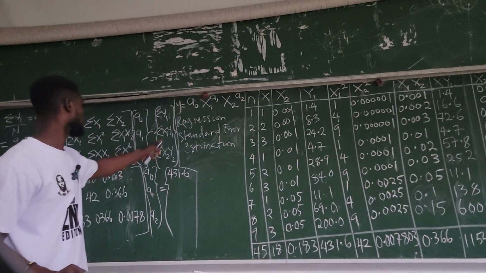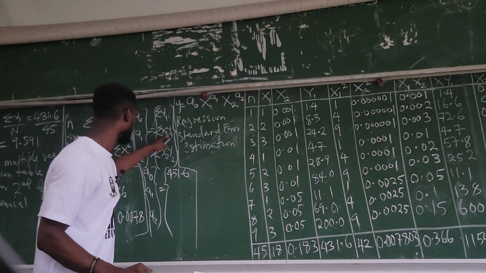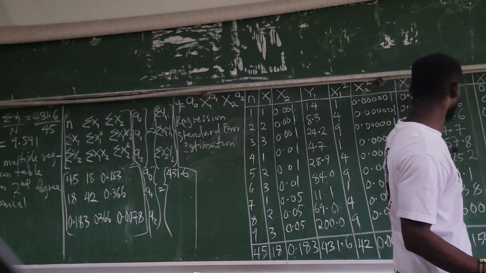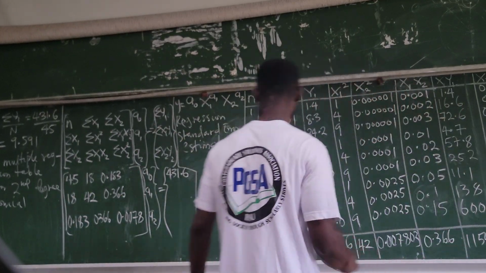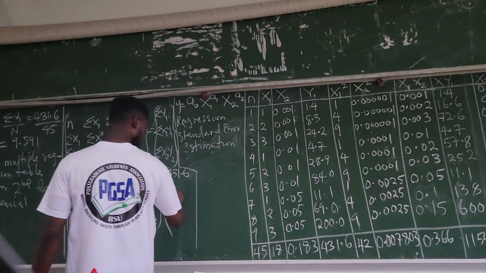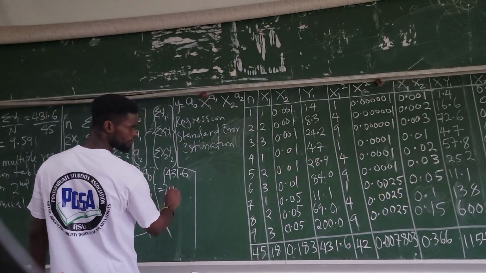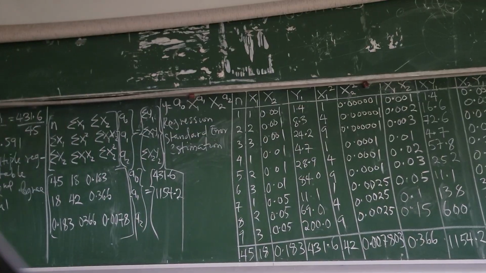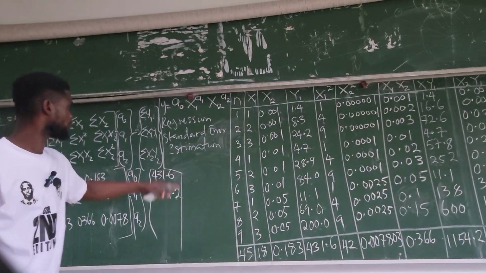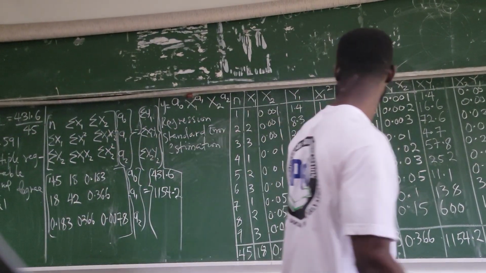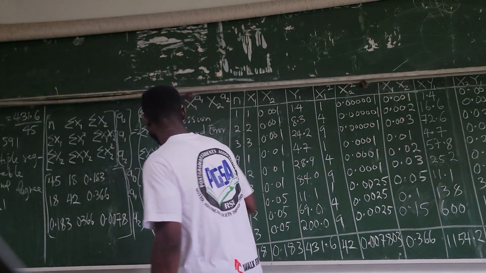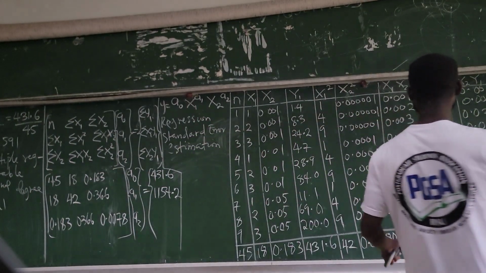Then for summation of x1 y1, that is 1154.2. Then we have summation of x2 y1, where is it?